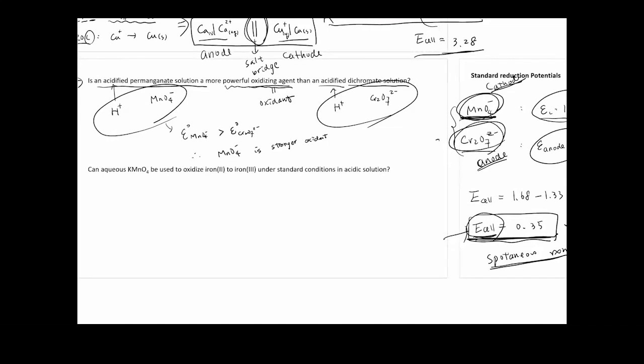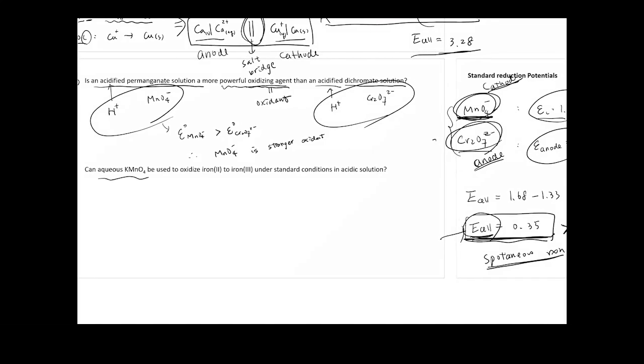The second question: can the aqueous KMnO4 be used to oxidize Fe2 plus to Fe3 plus under standard conditions in acidic solution? So what you should do is check the reduction potential of your KMnO4 in the acidic solution.